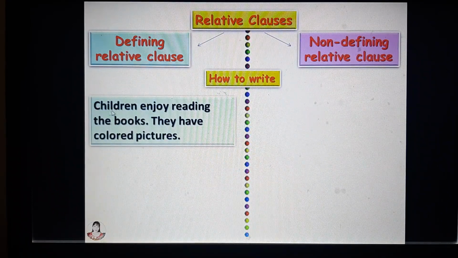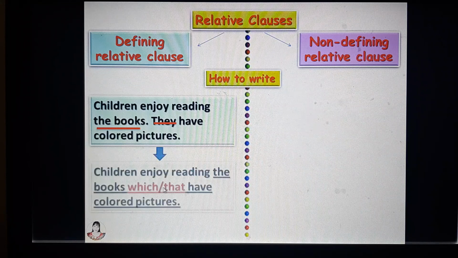Now, for example, children enjoy reading the books. They have colored pictures. You see, the books, the same as they. So I underline the books, and cross out the pronoun.